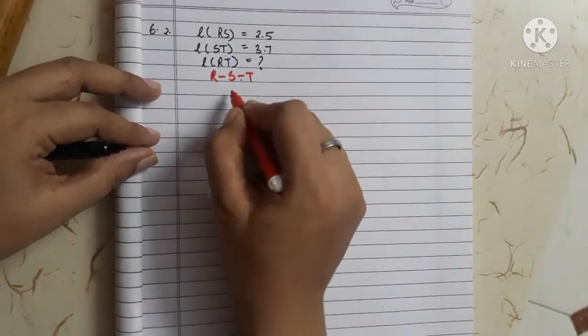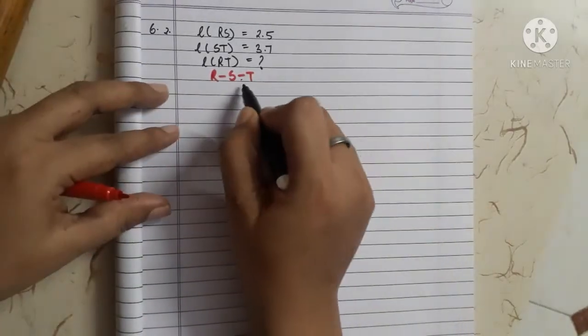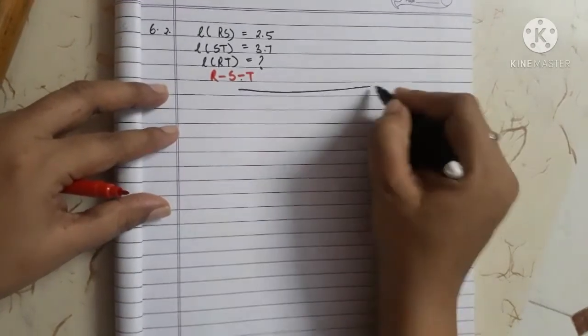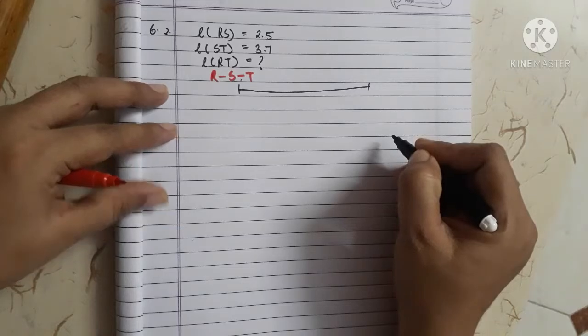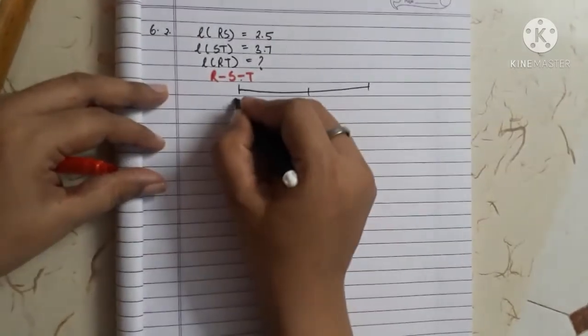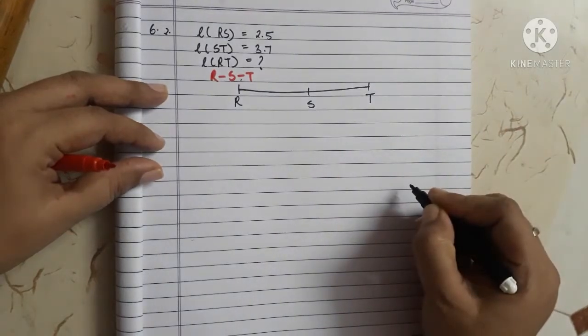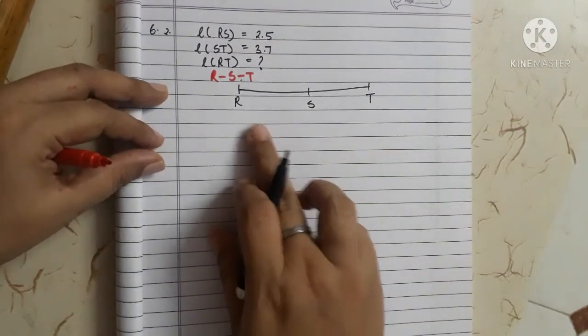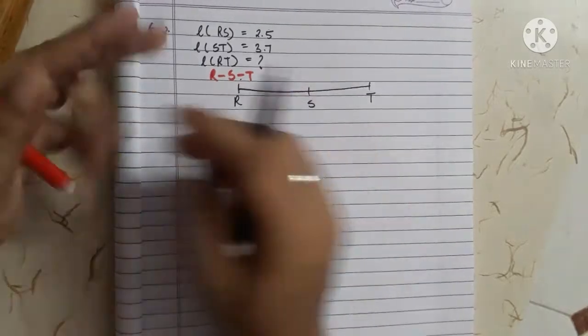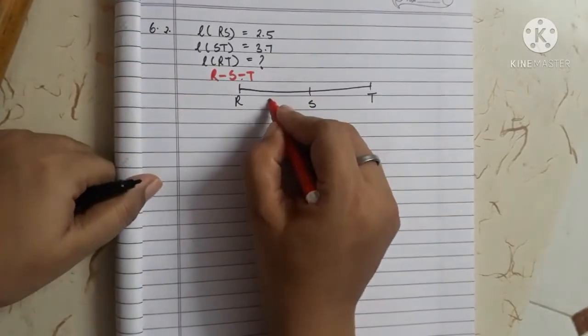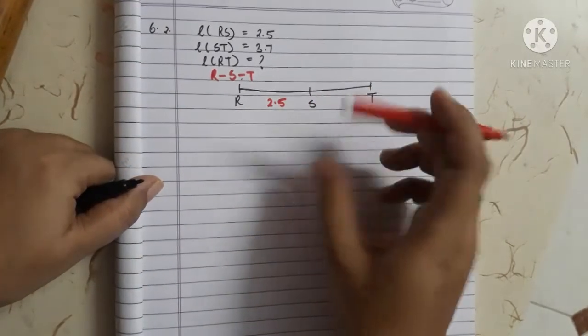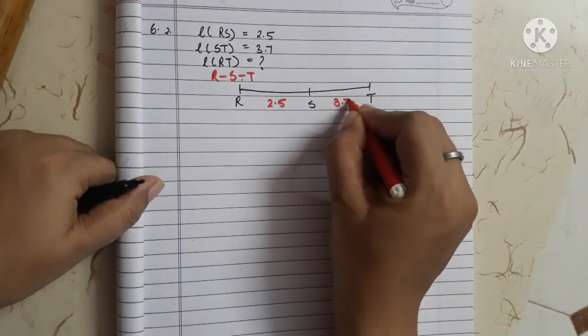So I'll draw a diagram for you. This is your line. This is R, S and T. In this RS is given 2.5, ST is given 3.7.